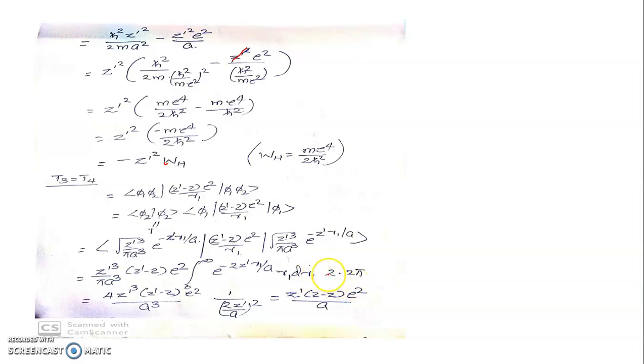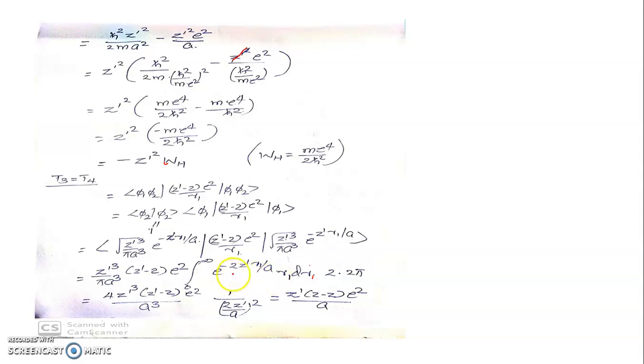These integrals are evaluated as we have done so many times, which make it 4π, and r1² vanishes with r1 in this denominator. This we have repeated several times. So 4π is written here, π vanishes, Z′³, (Z′ minus Z)e²/a³.